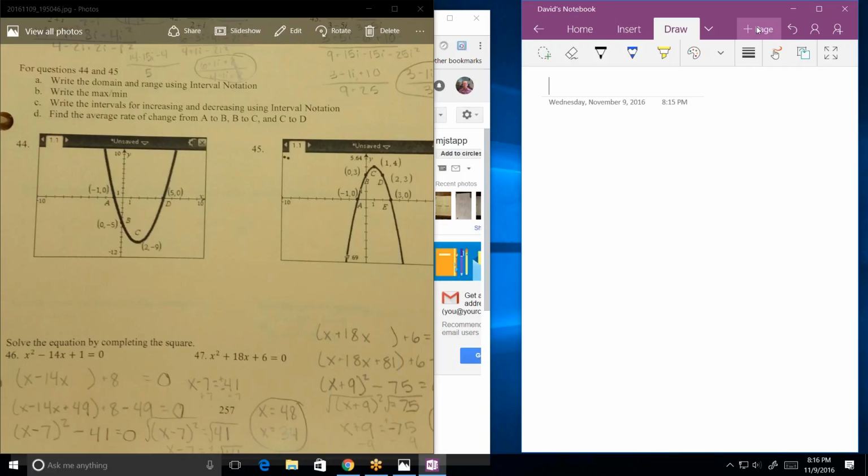The difference is that calculus is instantaneous rate of change, whereas everything that's pre-calculus is average rate of change. In other words, to get the average rate of change between A and B, take the rise and divide it by the run. What's the rise from A to B?